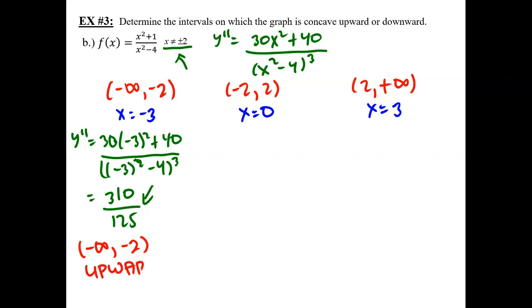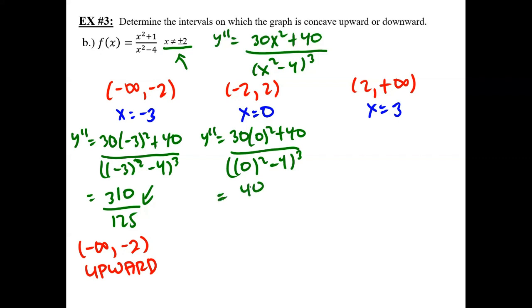of the direction is upward. Okay? Next, we have y double prime is equal to 30 times 0 squared plus 40 all over 0 squared minus 4 cubed.